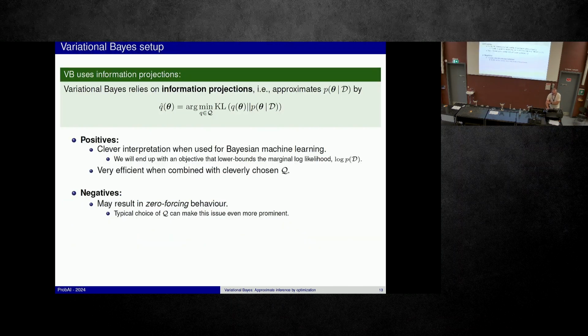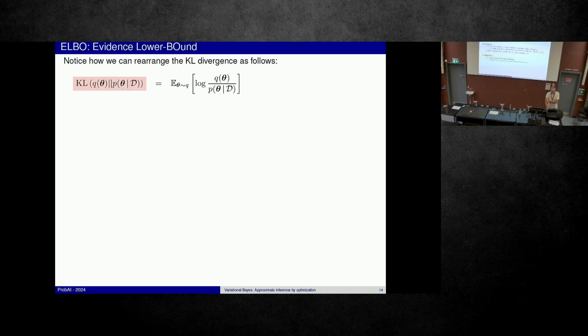And this is, of course, the problem with that choice. But the positive thing is that we have a very efficient calculation of this, and we have a good interpretation through something called the ELBO, evidence lower bound, that we will see soon. So that's our choice for distance function. We are going to do the Kullback-Leibler from Q to P.